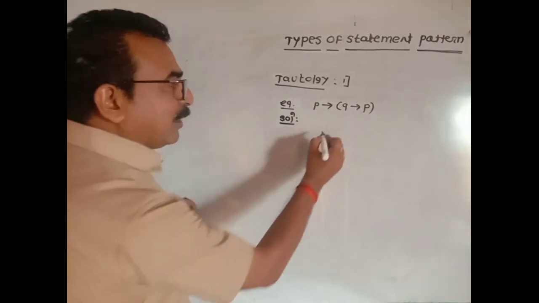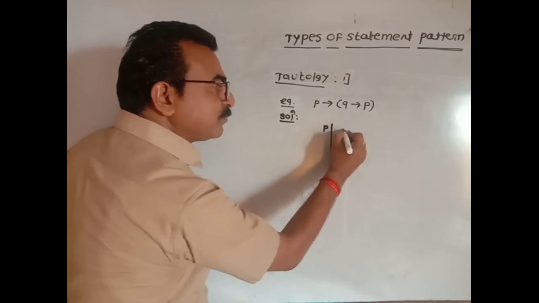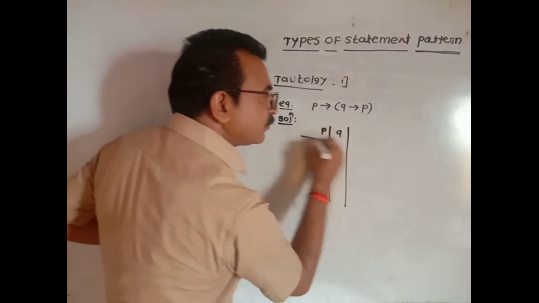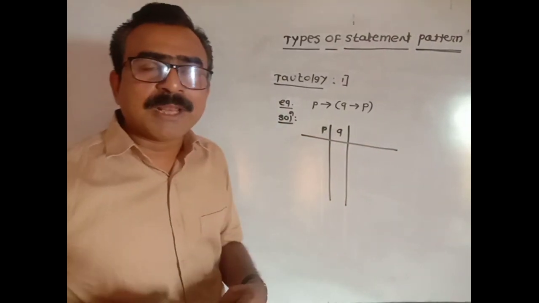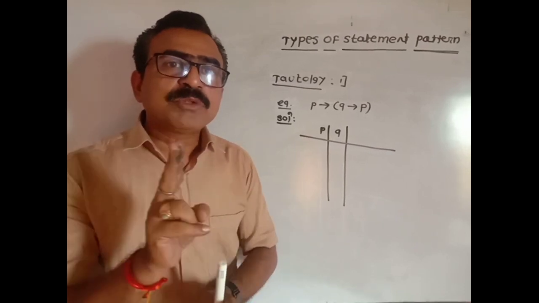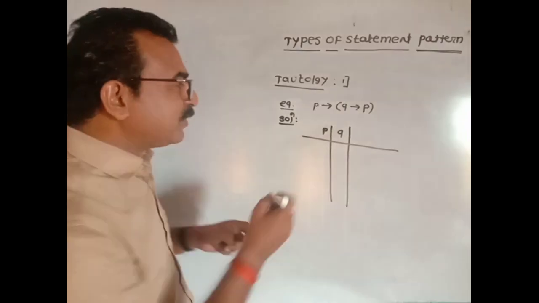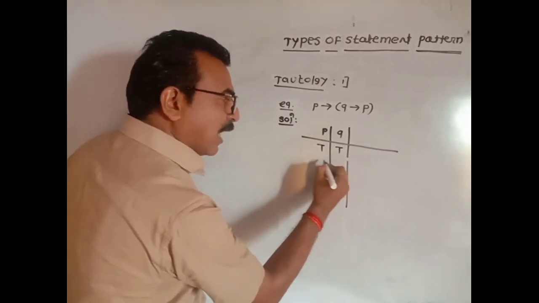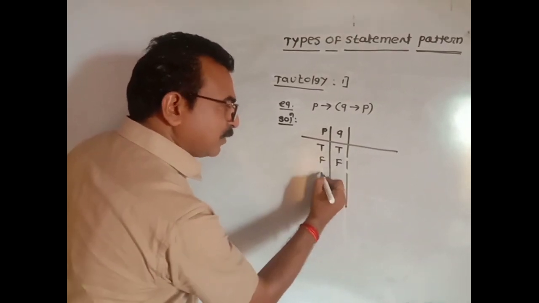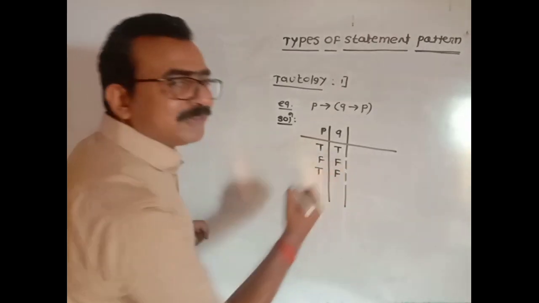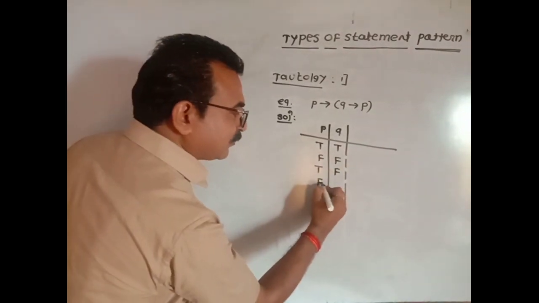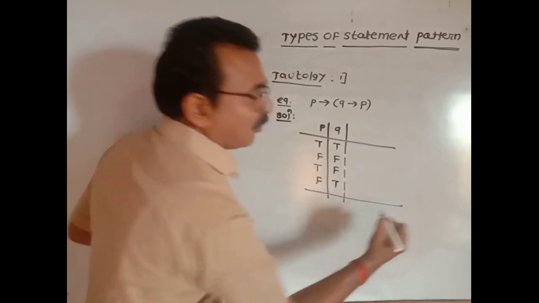So write down those 2 statements. Now you all know that 2 statements have 4 possibilities. And which are these? Either both the statements are true, both the statements are false, the first statement is true while the second is false, or the first is false while the second is true.